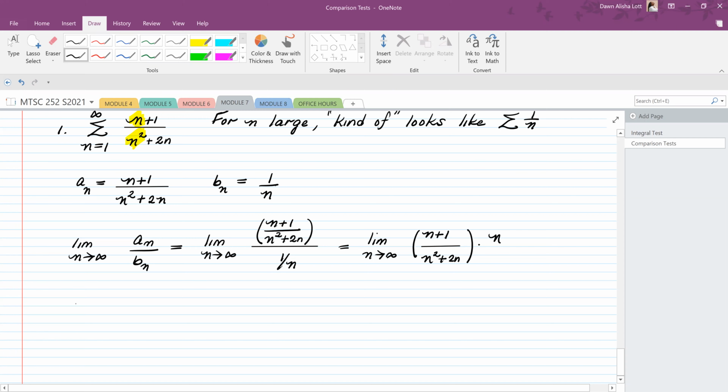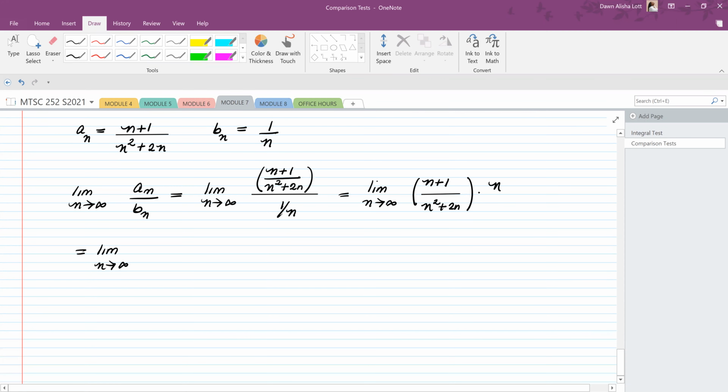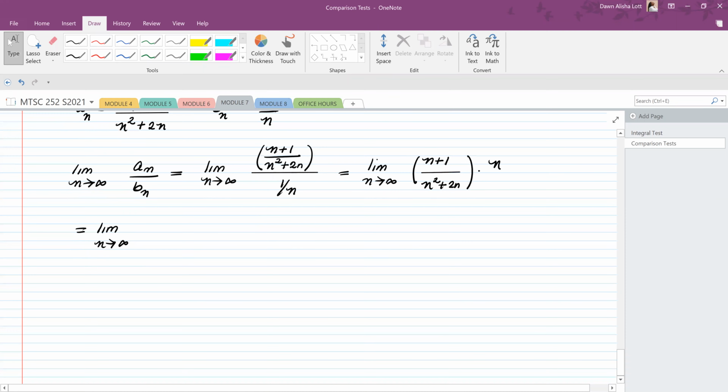So now I get the limit as n approaches infinity. Well, we can pull an n out here. So I have n plus 1, and then in the denominator, I'm going to pull out an n.